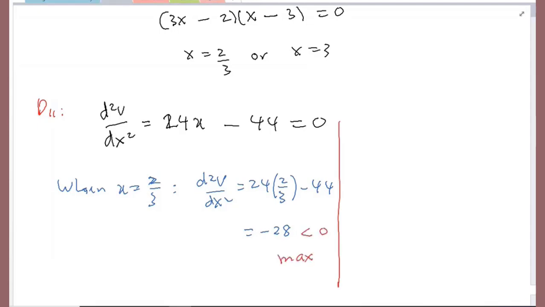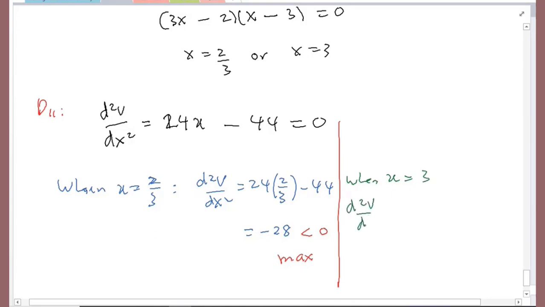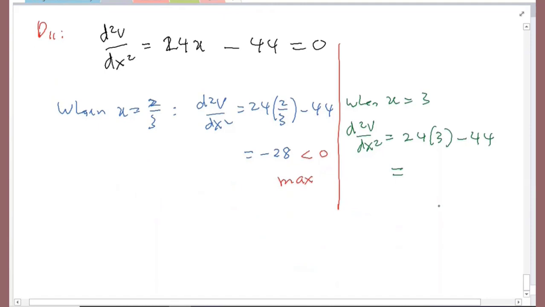Okay, try lagi. Ini when x is equal to 3, d2v dx square is 24 times 3 minus 44. Apa? Carikan. 28. Thank you very much. Okay, and then more than 0, minimum.